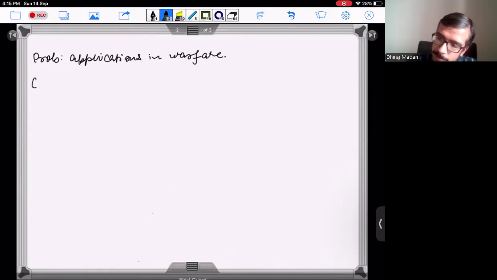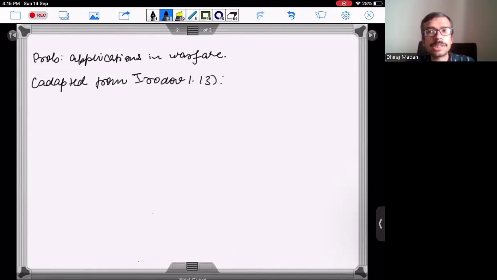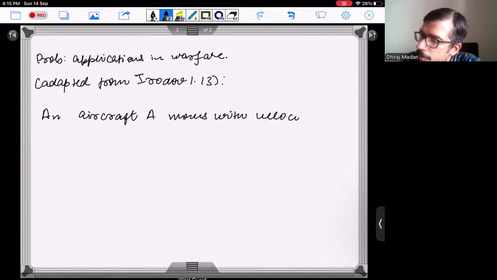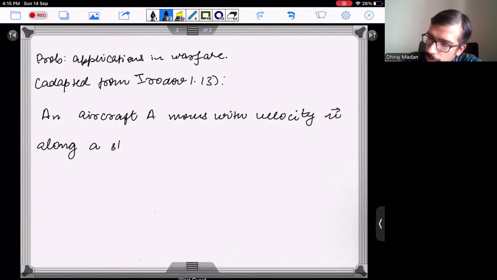This is adapted from problem 1.13 from Irodov. It's not stated in these words, so it's slightly different, but we will look at the adaptation which we have created. Let's say we have an aircraft A that moves with velocity u along a straight line.